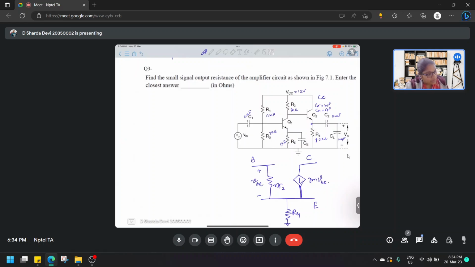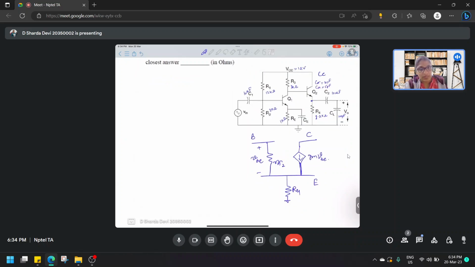So when we want to see the output resistance, this is where we will be connecting Vx, an external voltage source, and this is Ix. We will not consider this. And in this remaining circuit, we have to find Vx by Ix. That is the idea.